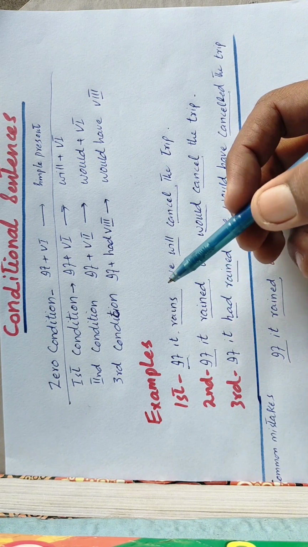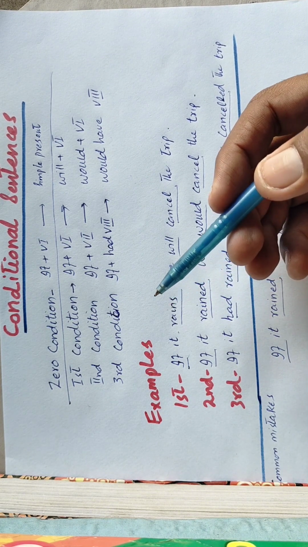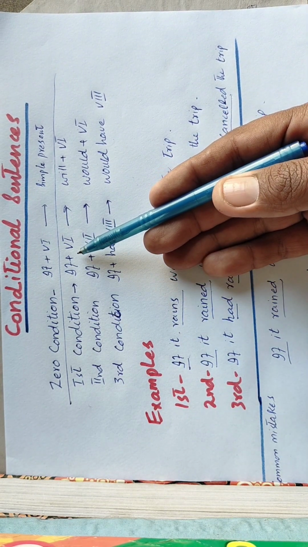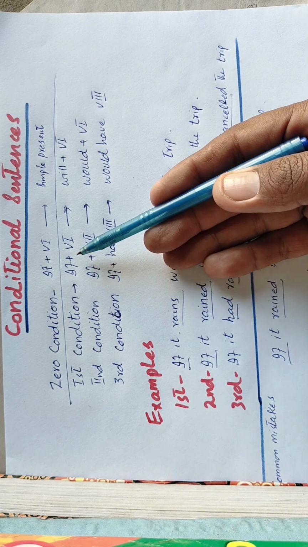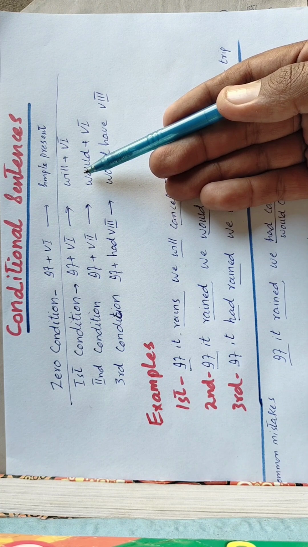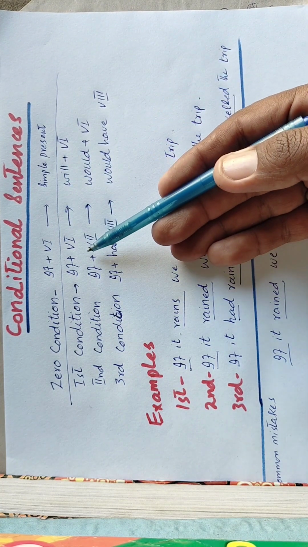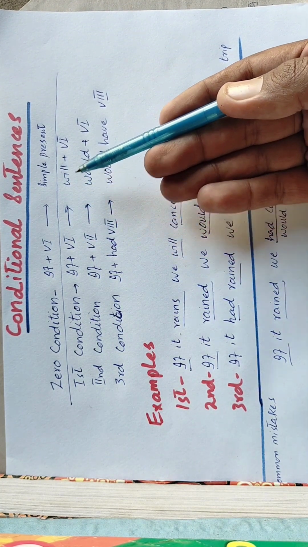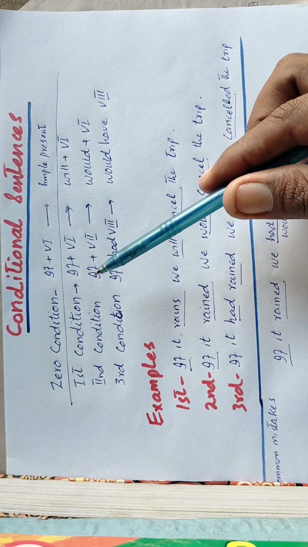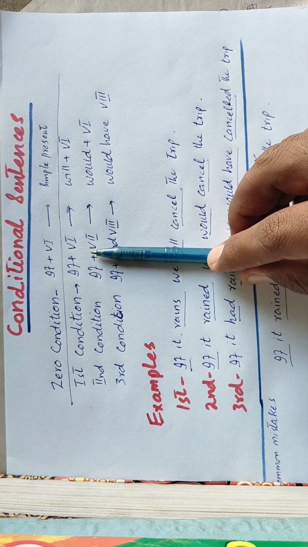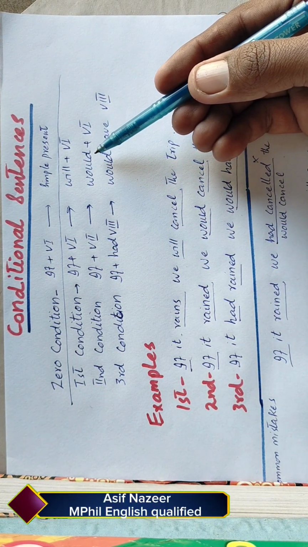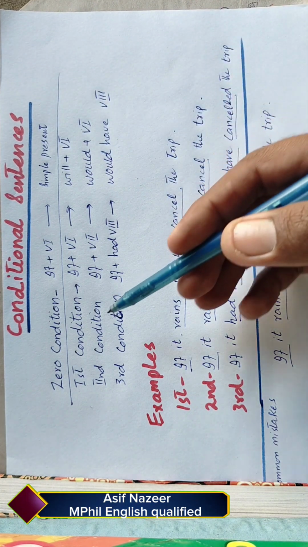The conditional sentence describes the condition or situation, and the second part describes the result of this condition. So the first part deals with the condition or situation and the second part deals with the result.